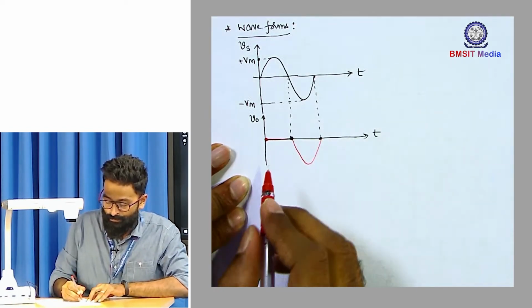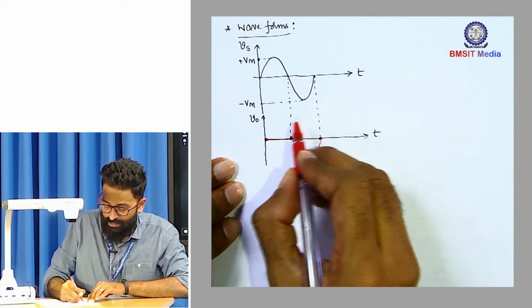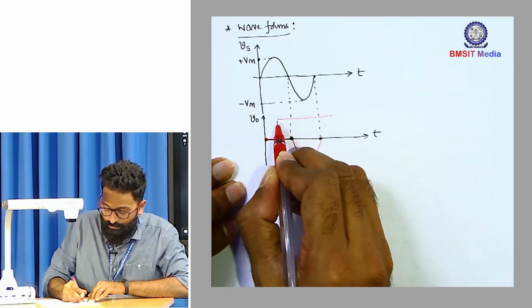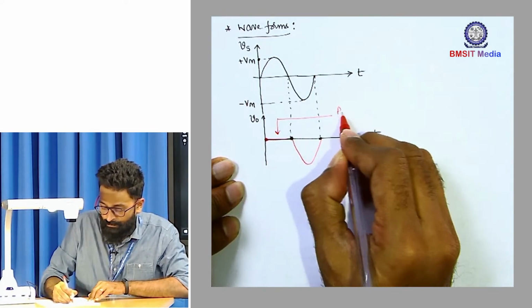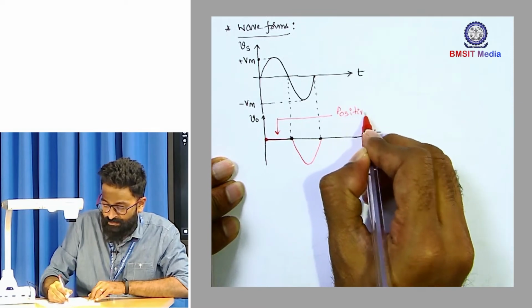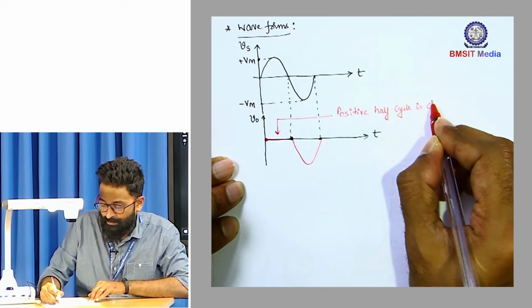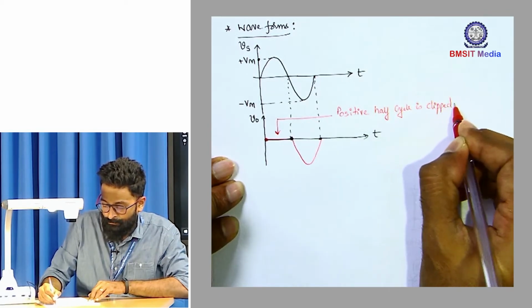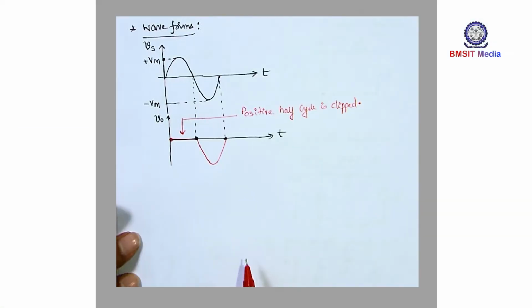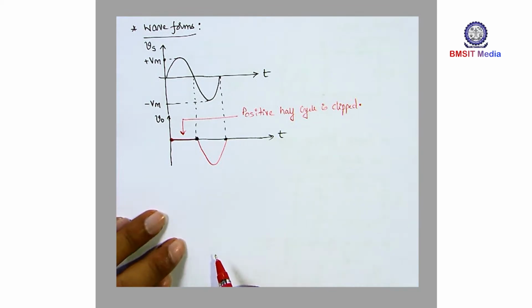So what you can say is that positive half cycle is clipped.